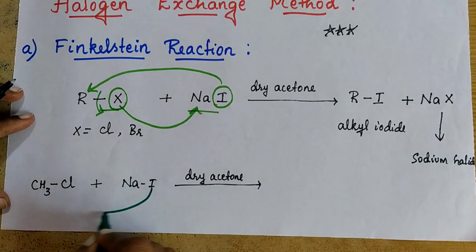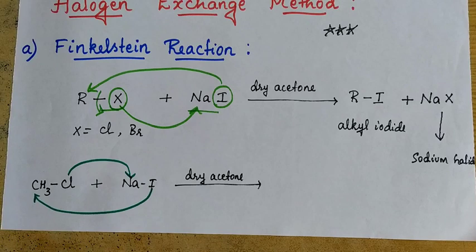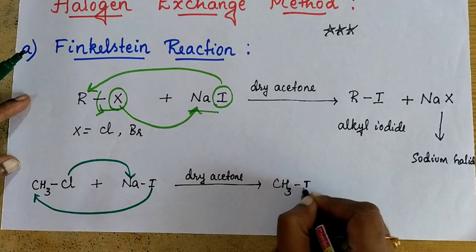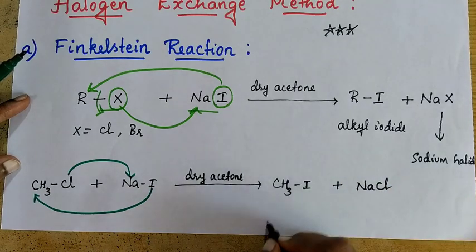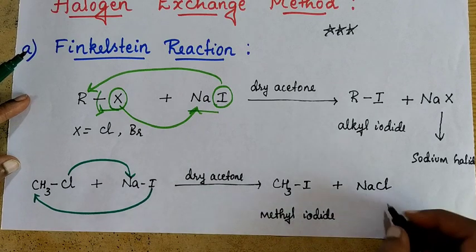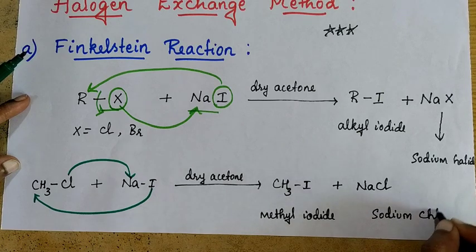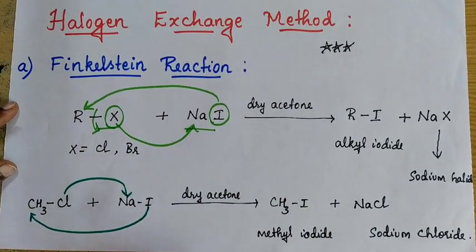So iodine will bond with CH3, and Cl will bond with sodium. That is why we get CH3I plus NaCl. This is nothing but methyl iodide, and the other byproduct is sodium chloride. This is a very easy method of preparation of haloalkanes and very easy to remember also.